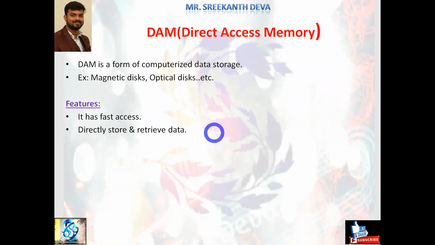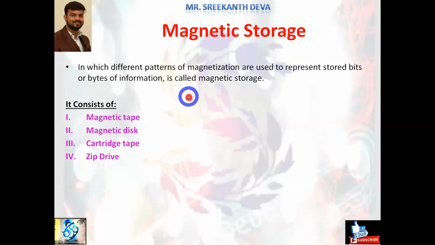You can locate a particular data item or file immediately without having to move consecutively through items stored in front of the desired data item or file. It is somewhat slower while accessing sequential data that is not already in order. So this is about DAM, direct access memory, with examples like magnetic disk and optical disk.